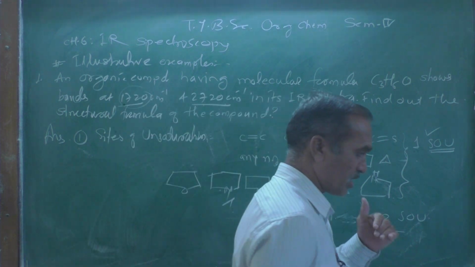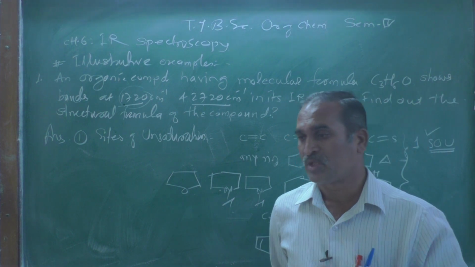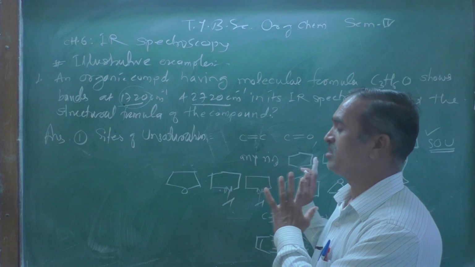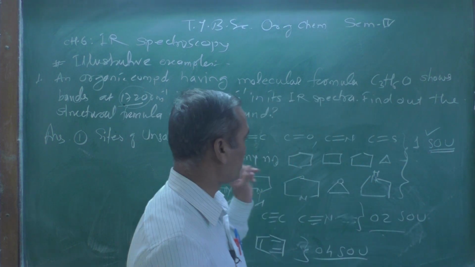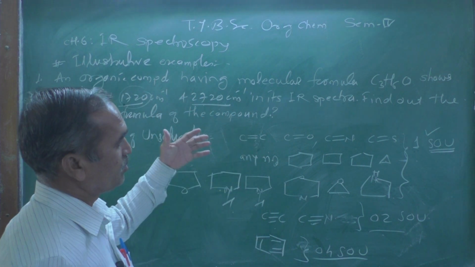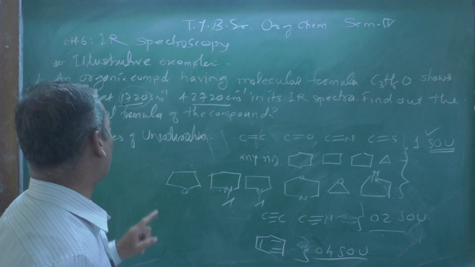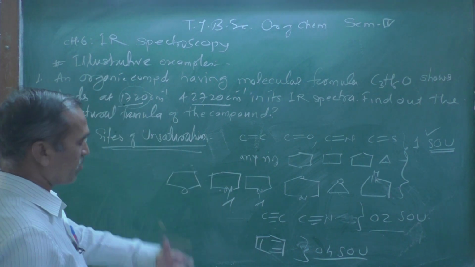If the sites of unsaturation are more than 4, probably the organic compound is an aromatic compound. That you should remember. These are the 3 things you should remember while counting the sites of unsaturation, because we are going to find out the sites of unsaturation.